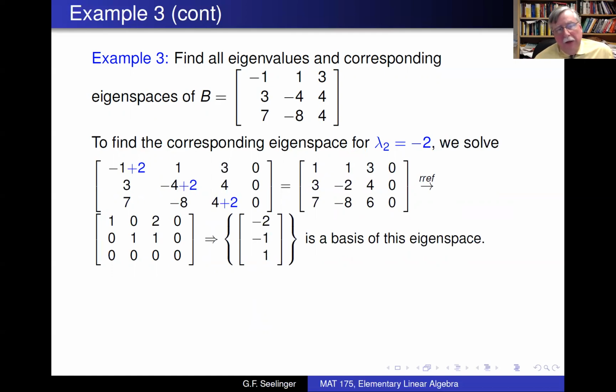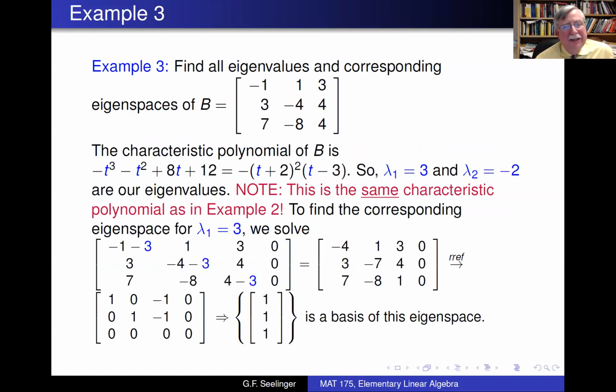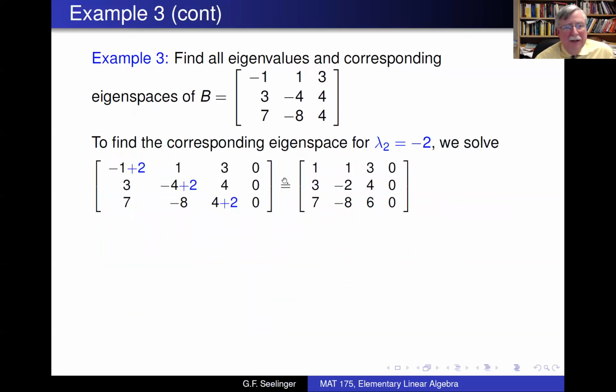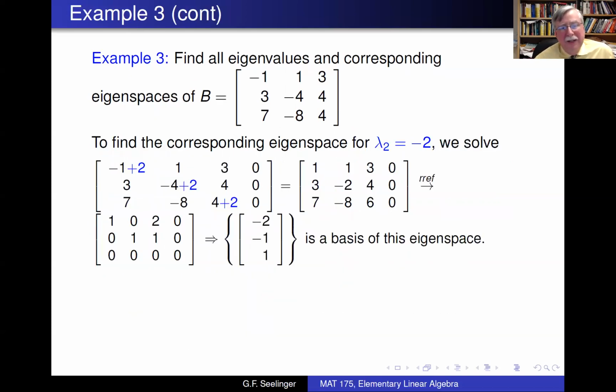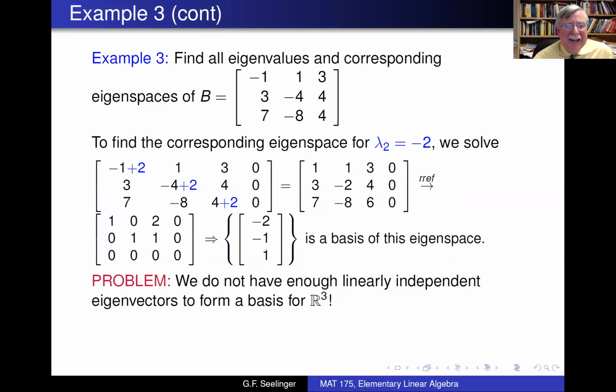But this is a little strange, maybe not what we expected, in that here, again, this factor appears twice, but the corresponding eigenspace only has dimension 1. So we do not have enough linearly independent eigenvectors to form a basis for R3.